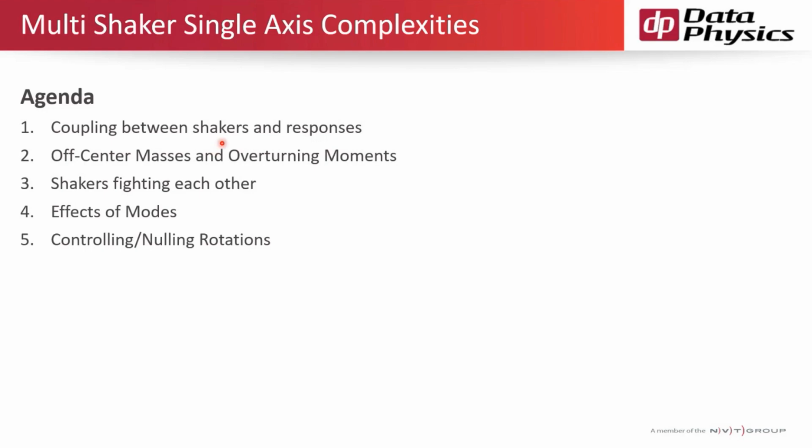We're going to focus on a two shaker example, but the concepts fully extend to multi-shaker single axis, 3 or 4 or more shakers in a single axis. We're going to talk about off-center masses, overturning moments, shakers fighting each other, the effects of modes and resonances, and how to control or null rotations when you've got two shakers in a push-push configuration.